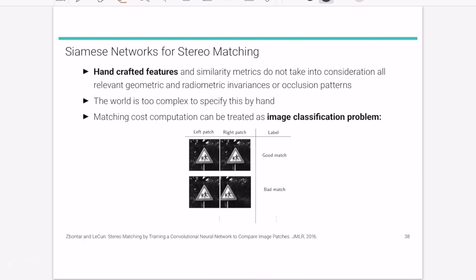So the first attempt at stereo matching was proposed in the paper 'Stereo matching by training a convolutional neural network to compare image patches.' As you can imagine from the title itself, comparing image patches by training a convolutional neural network means they want to reformulate the patch similarity measure with a deep convolutional neural network.